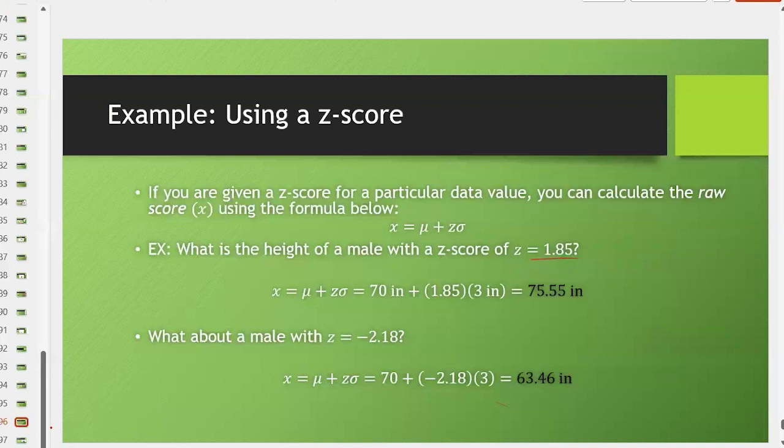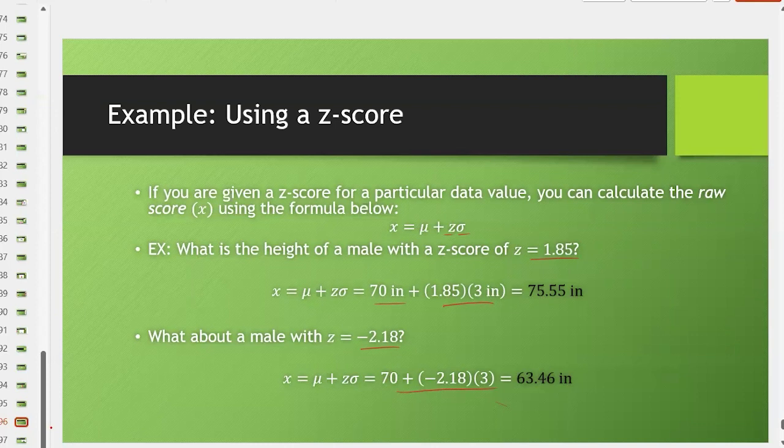Well, we just take z and multiply times the standard deviation, because it's just the number of standard deviations, and then add it to the mean. If we had negative 2.18, we would subtract it from the mean. It just winds up being subtracted, essentially. Remember, negative z-scores should have values that are less than the mean. Positive z-scores should have values that are greater than the mean.